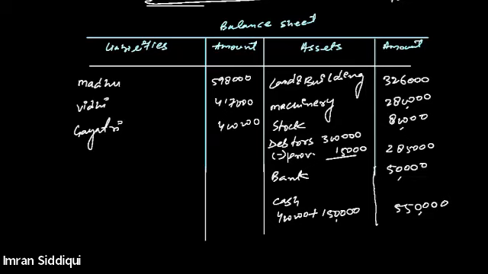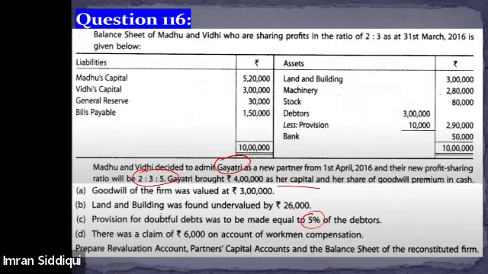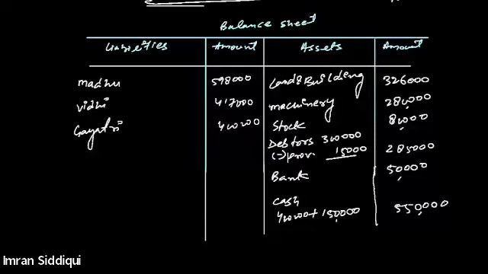Then do we have any other liability on the liability side? Yes, we have. We already distributed the general reserve. You can see there is no general reserve, since it was distributed among the partners. Only bills payable will be left. So bills payable will be 1,50,000. It remains unchanged.